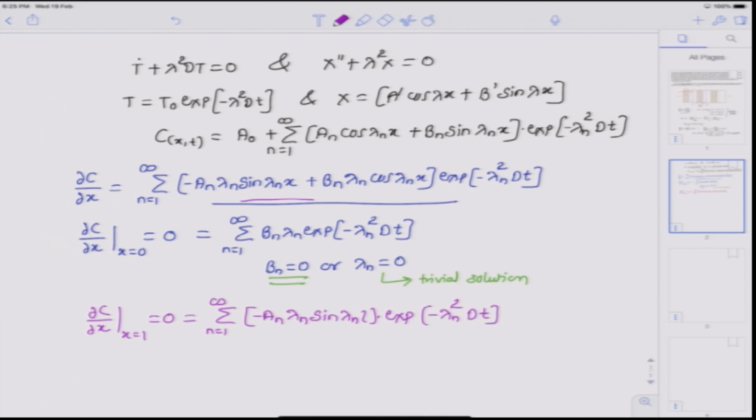Now, if this has to be 0, then either a n is 0, or lambda n is 0, or this term sin lambda n L is 0.